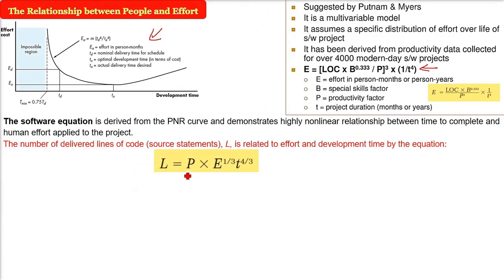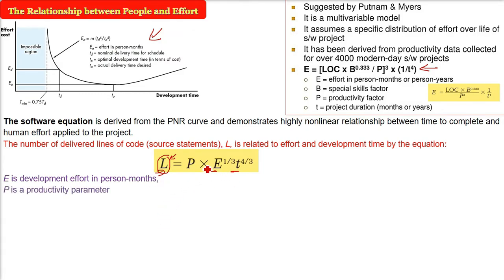So now the number of delivered lines of code, the source statements, L, is related to the effort and development time by this equation. We have already seen that. L equals P into E raised to 1/3, T raised to 4/3. Now L is the lines of code. Let us see one more. E, as I said, is the development effort in person months.